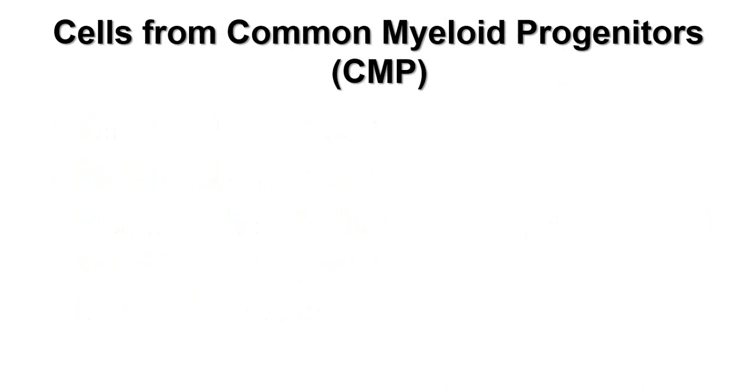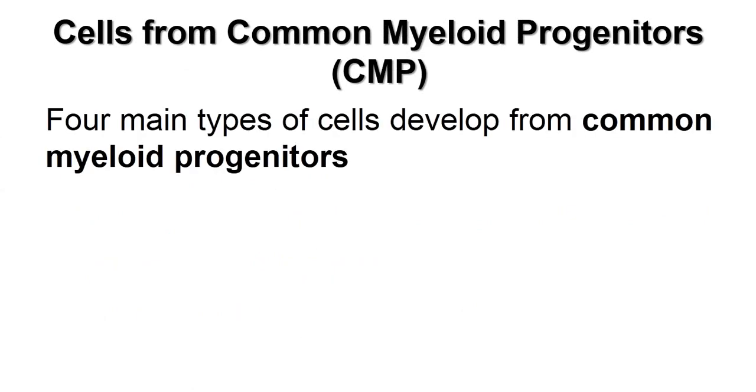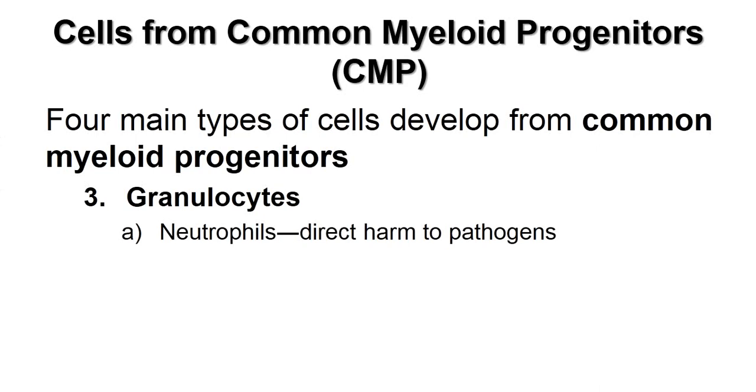Now we will discuss the cells from common myeloid progenitors, that is CMP. The four main types of cells that develop from common myeloid progenitors, you have third one, that is granulocyte.